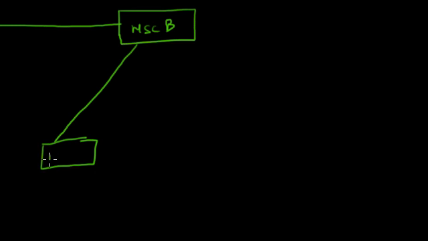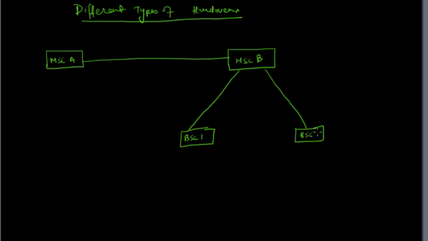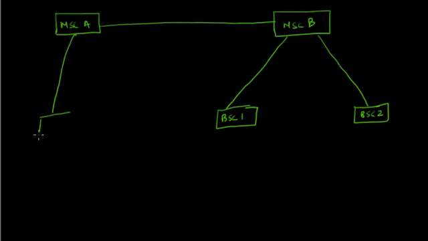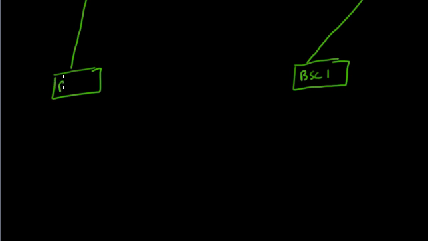One is BSC 1 and the other is BSC 2, and MSC A is connected to BSC, we can say 3, right?